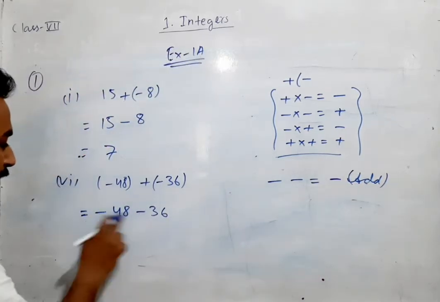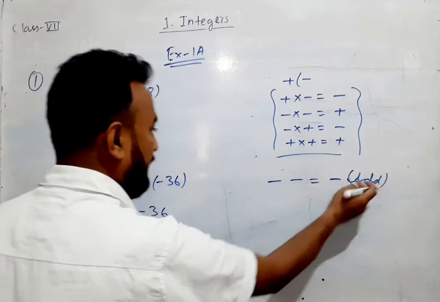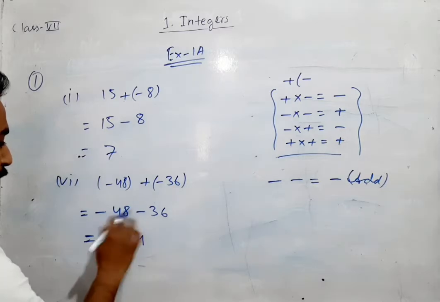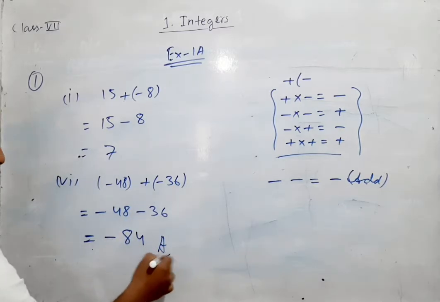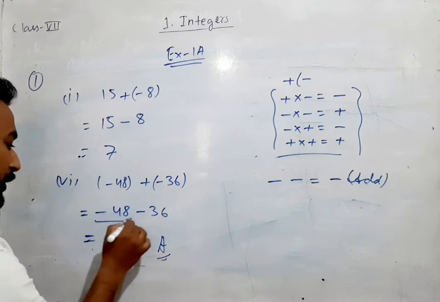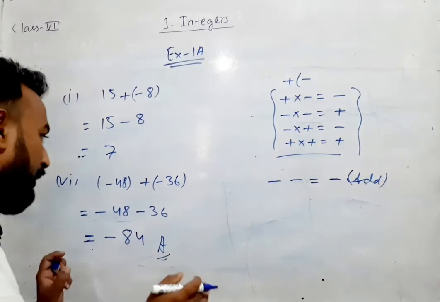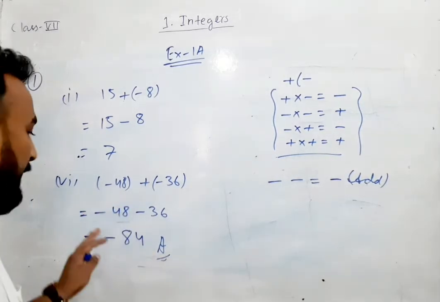So here also you have minus minus, so you perform addition and put the negative sign. 48 plus 36 is 84, so minus 84 is the required answer. Whenever you have two or more numbers in minus sign, add all the integers and put the negative sign before the number.